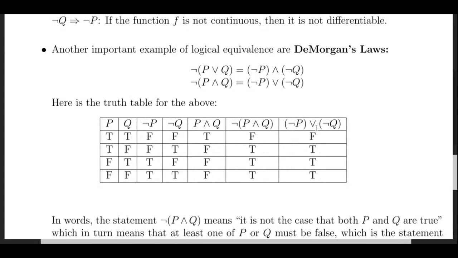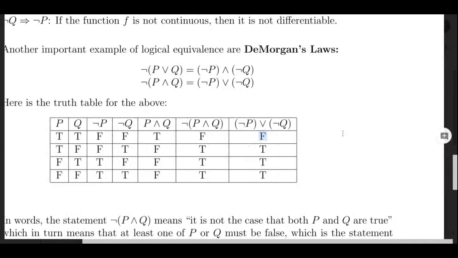Then let's check not P or not Q. I'm reading the first row. P is true, Q is true, so not P would be false, not Q would be false. So not P or not Q will also be false, right? It follows.